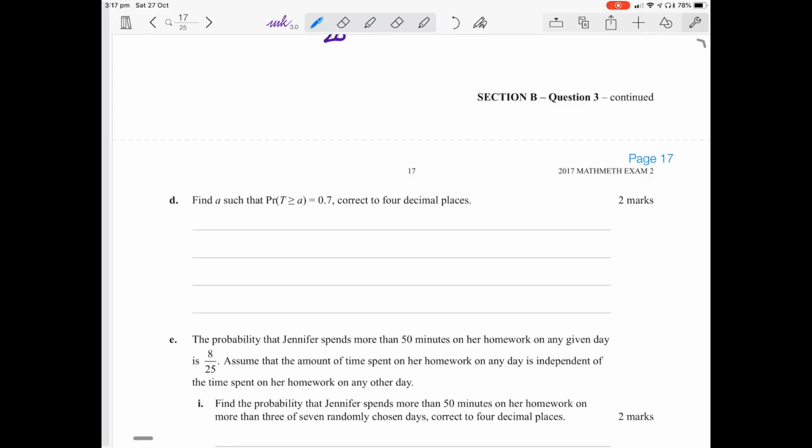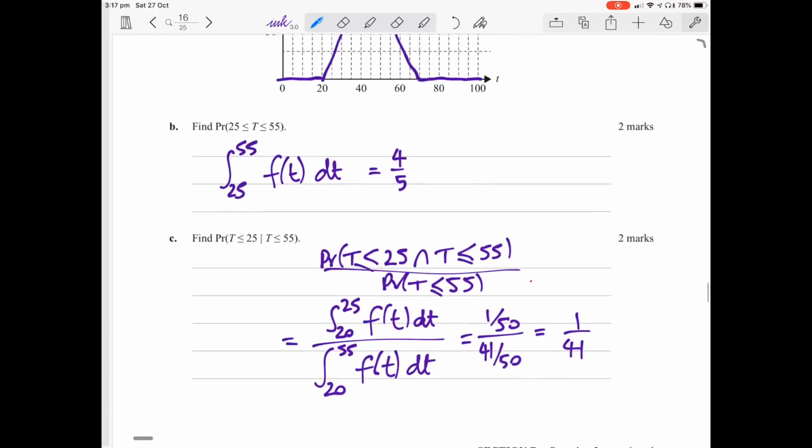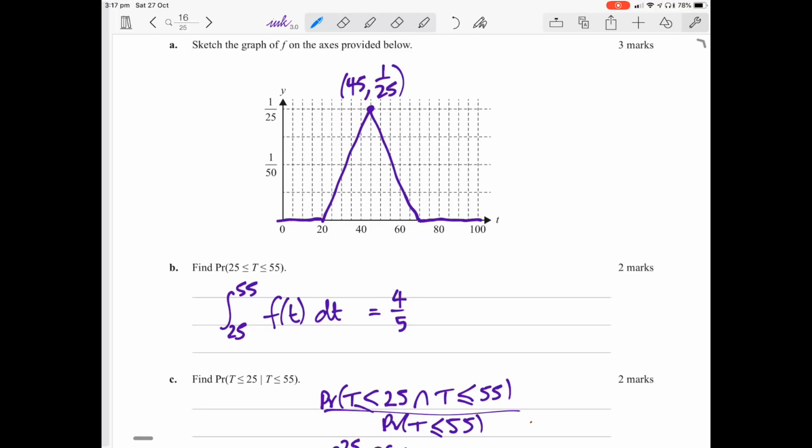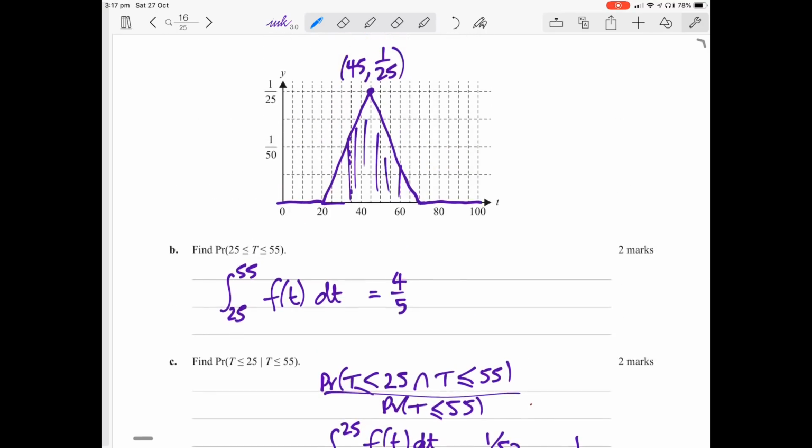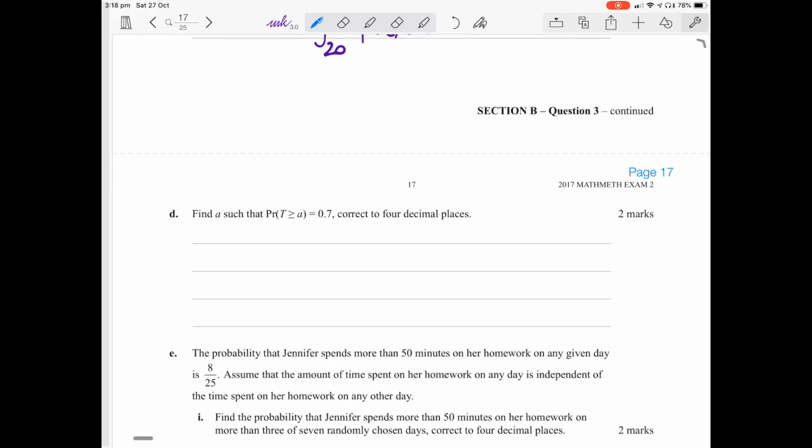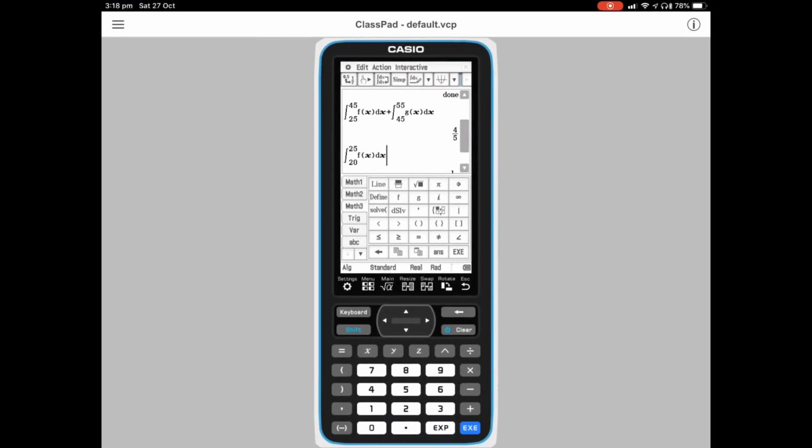Find the value of a such that the probability of t greater than a is equal to 0.7. So just say the area has to be 0.7, so less than a is going to have to equal 0.3. So what I would do is go from 20 to a of f of t dt and let it equal 0.3.